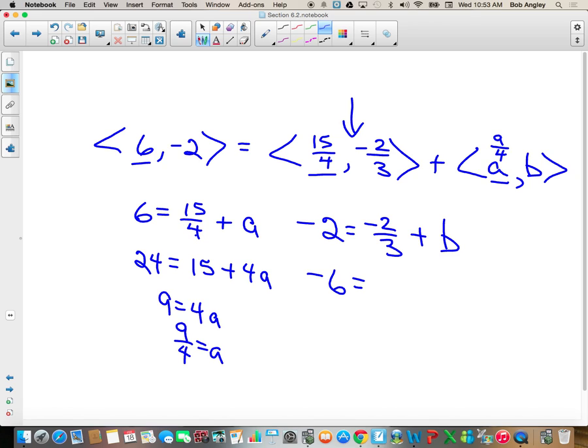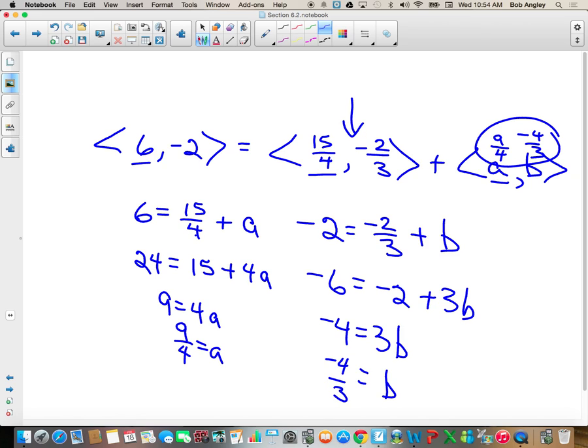We'd multiply by 3. Now I'd add 2 and get -4 equals 3B. And so B would be equal to -4/3. And so that vector right there would be the thing we're looking for then.